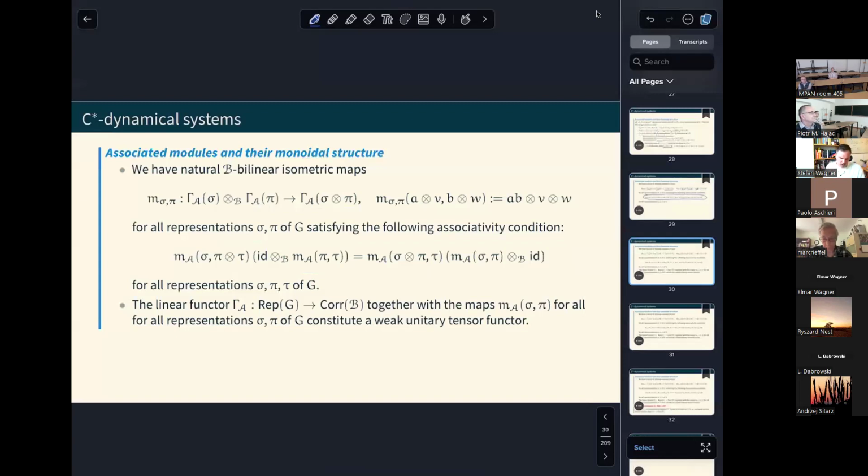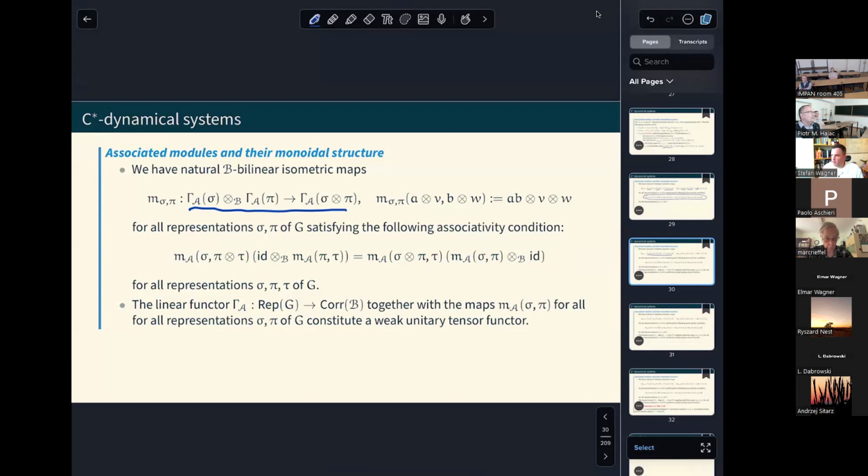Again, I would like to point out that if you start with an arbitrary C-star dynamical system, these maps are always isometries. So they are always injective. What we will need later is also surjectivity, or dense range, or whatever you want.